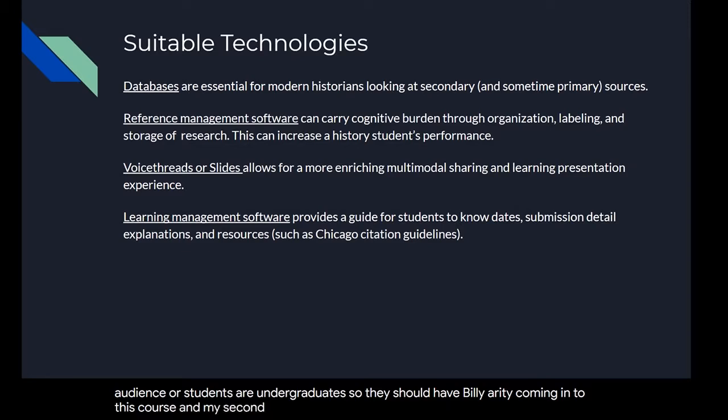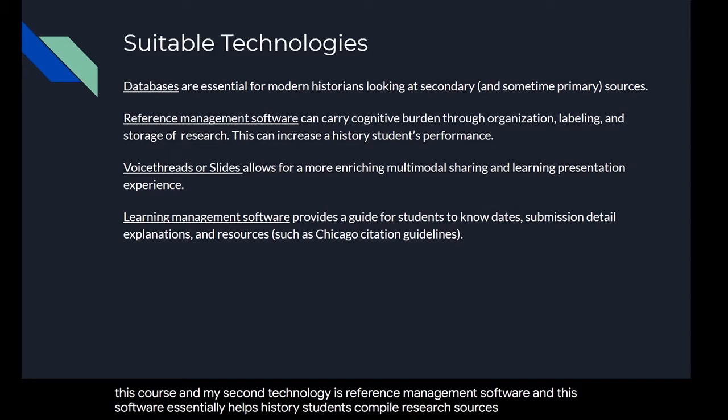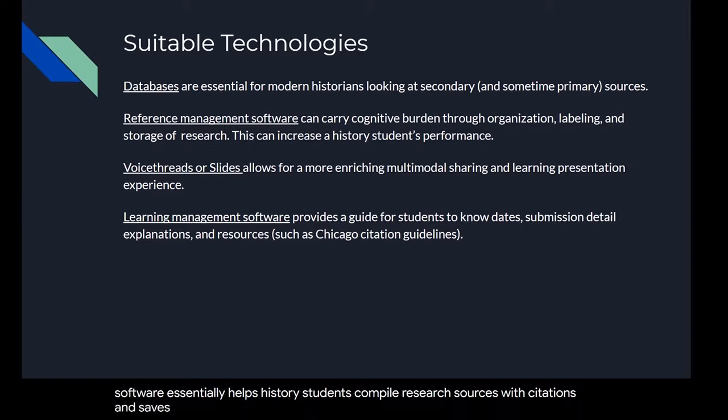And my second technology is reference management software. This software essentially helps history students compile research sources with citations and saves their notes. It's also collaborative, so groups working together can work on one source and communicate through this software.